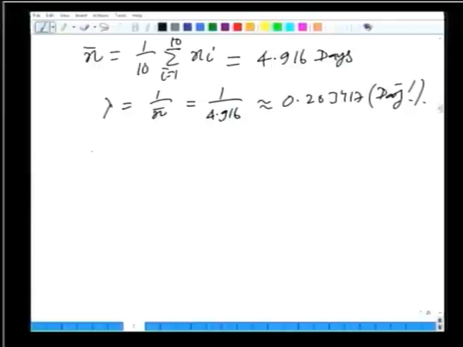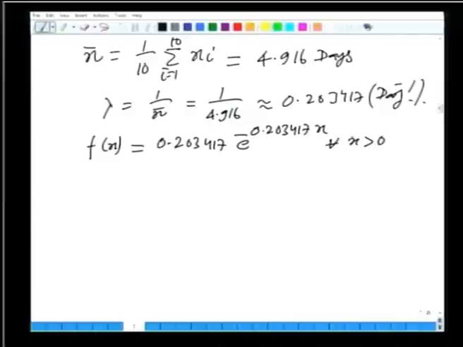So, then your fitted distribution is this: f of x equals lambda e to the power minus lambda x for all values of x more than 0, and capital F of x, the CDF, is given by 1 minus e to the power minus lambda x, which is 1 minus e to the power minus 0.203417 x.